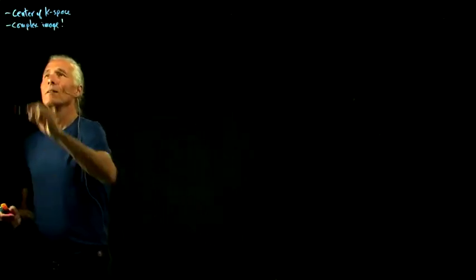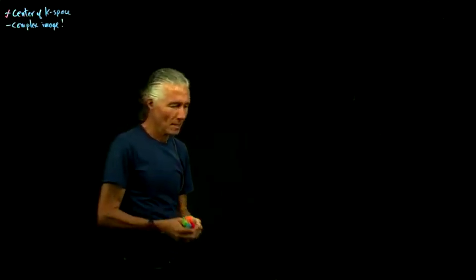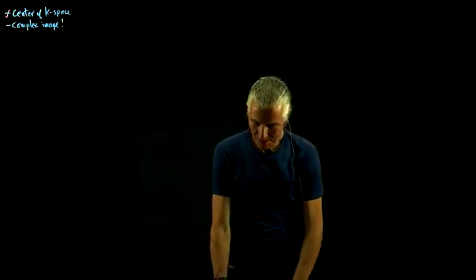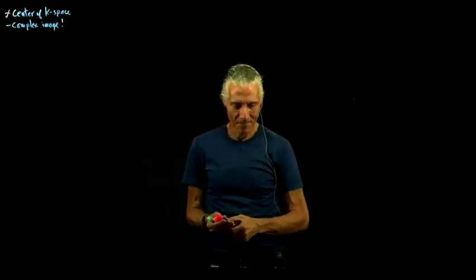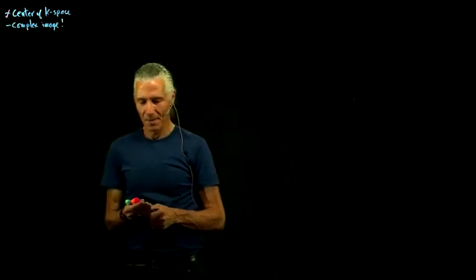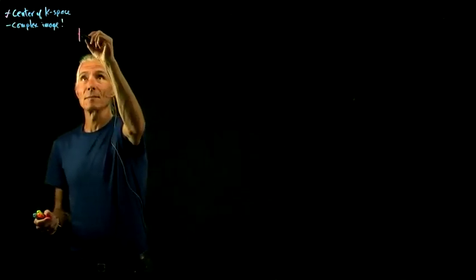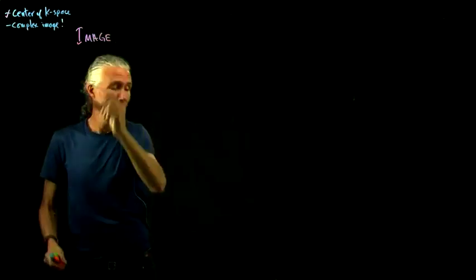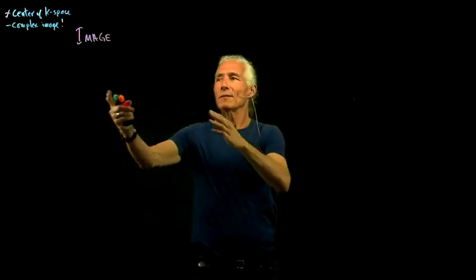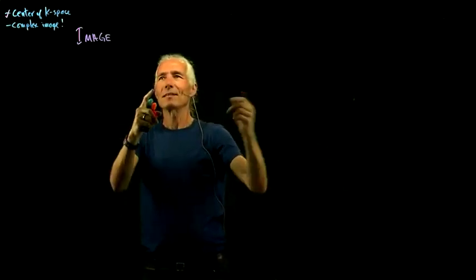So now let's consider a complex image. What does the complex image look like? Well, we'll start with our image again over here. And I need some space up to the side for the Hermitian symmetry over there.